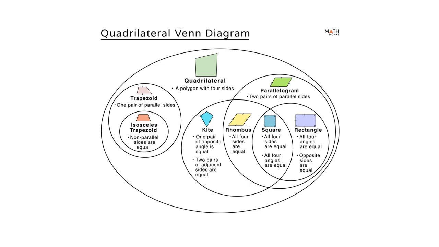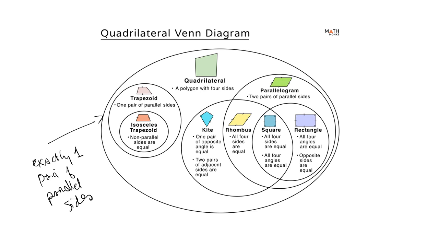We can also see over here, because the trapezoid circle and the parallelogram circle, those two sets, don't touch each other, then we know they're using the exactly one pair of parallel sides definition for our trapezoid over here.